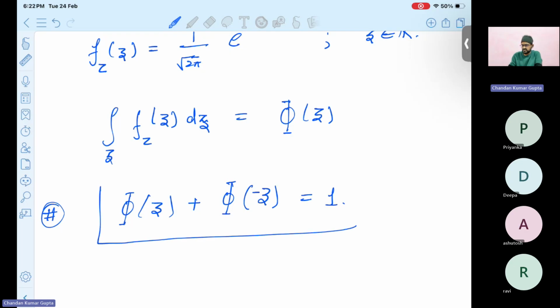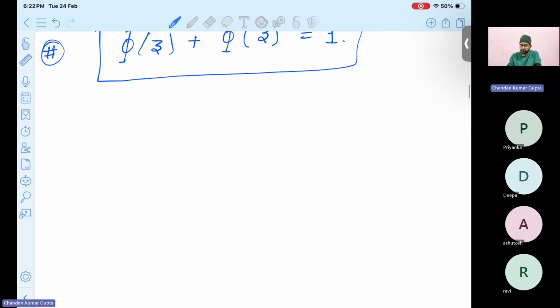This is one of the properties that we will use continuously when we solve numericals based on the normal distribution, which we will show later. So this is what we have about the normal distribution.